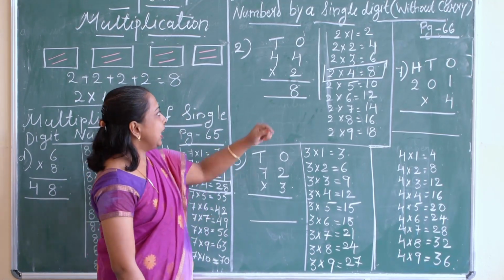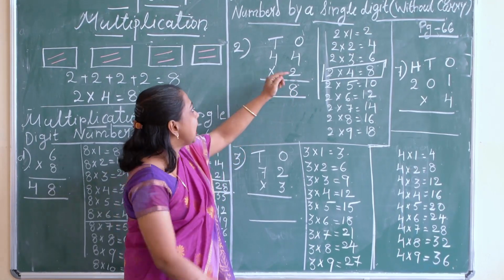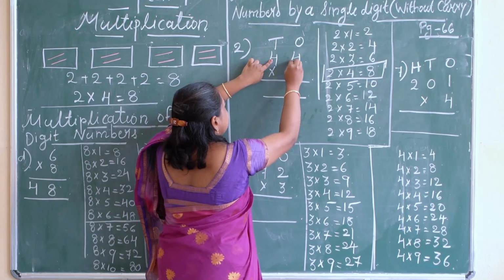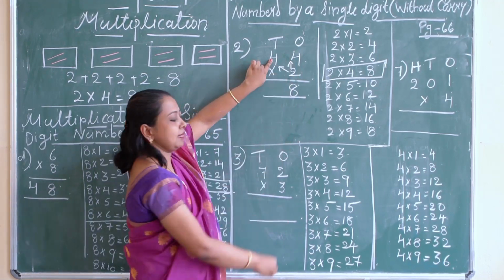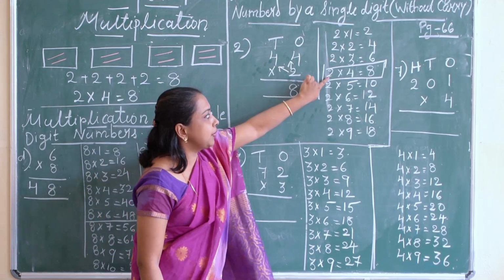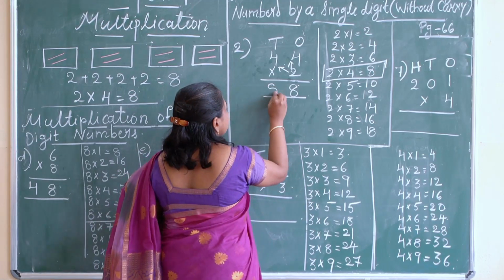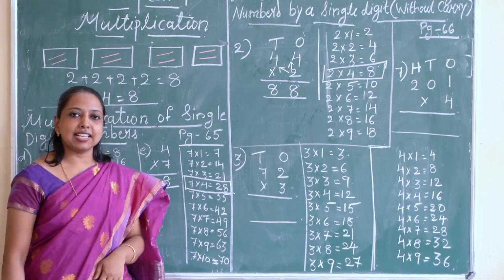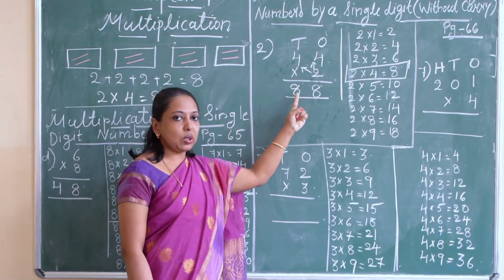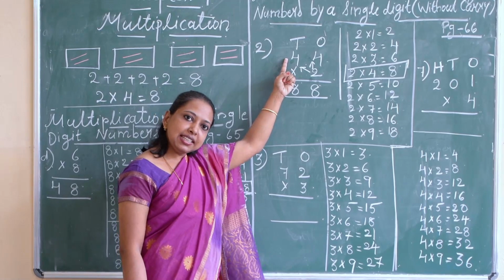Now second, 2 multiplied by the digit at the tens place. So 2 multiplied by 4, we already got from the table, 2 fours are 8. So we got the answer 88. 44 multiplied by 2 is equal to 88, 8 at the ones place and this 8 at the tens place.